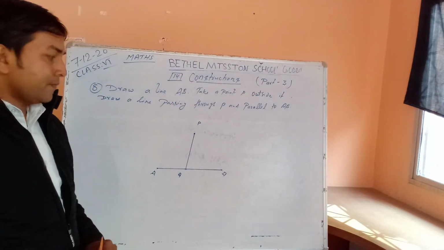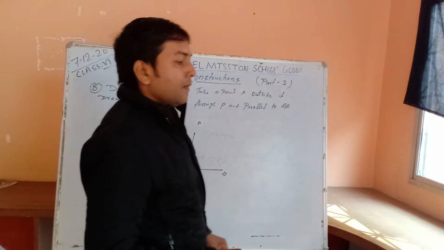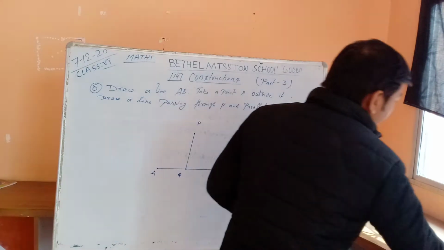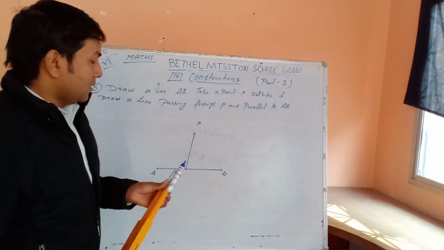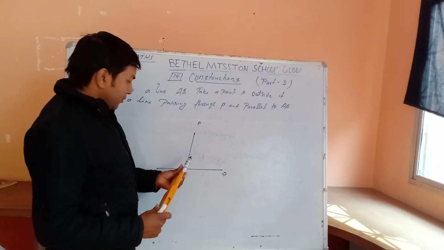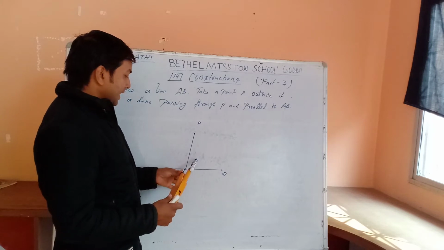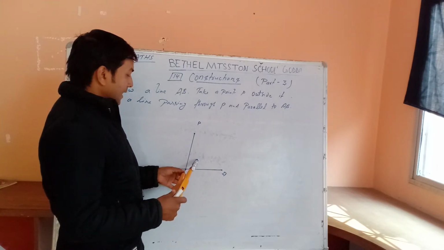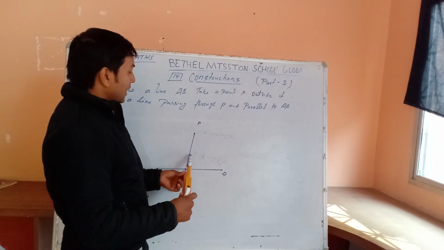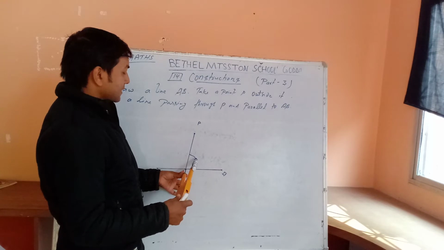Now the second step is, as a center Q, place the compass at Q and draw an arc with any radius.